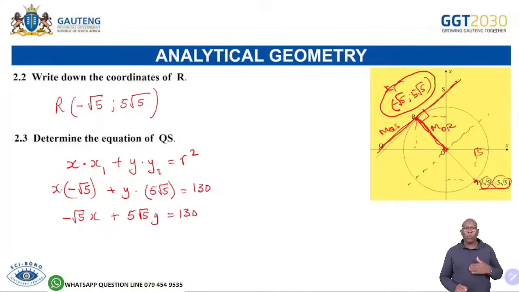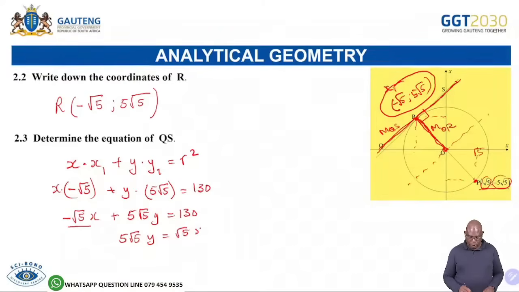Then I'm going to make y the subject of the formula. So 5 root 5 y equals, if I transpose this one, root 5 x plus 130. Then I'll divide both sides by 5 root 5.